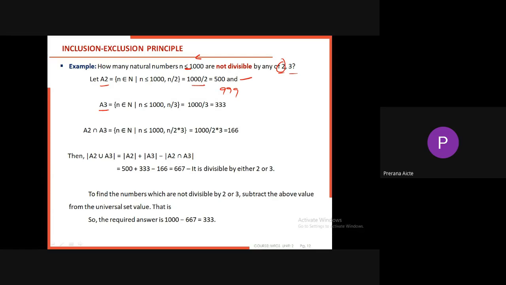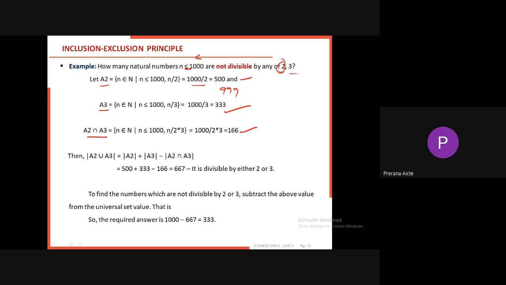Similarly A3 means the numbers divisible by 3, given by 1000 by 3. As it is two sets, we need to consider the formula with two sets. So A2 intersection A3 are the numbers divisible by both 2 and 3. 1000 by 6 gives 166, and when we substitute this, we get the value 667.